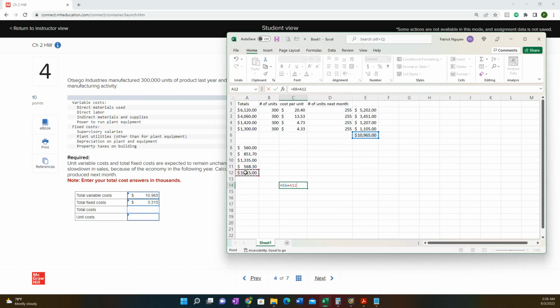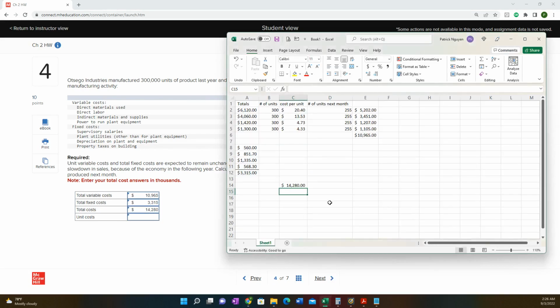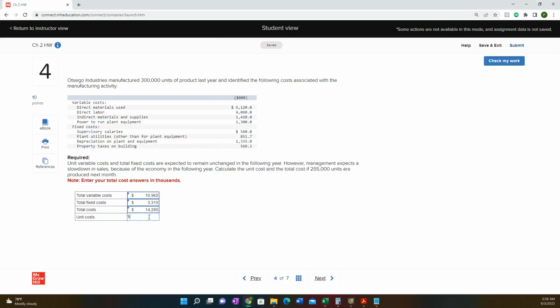And then finally, the unit cost. Let's click on another blank cell, push equals, and we're going to do 14,280 divided by 255. That gives us $56 per unit. That was number 4. It was pretty easy, and it was made even easier by using Excel.